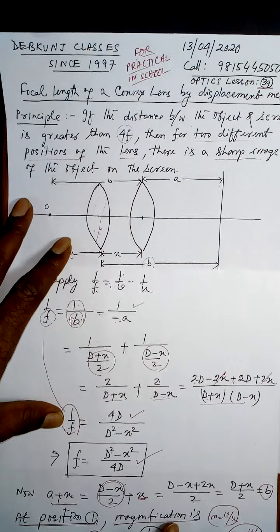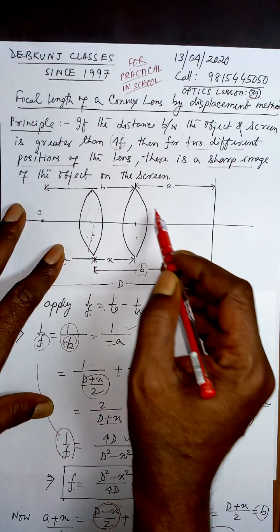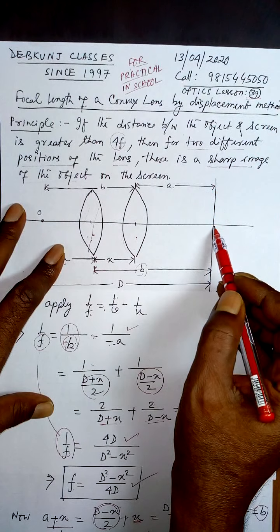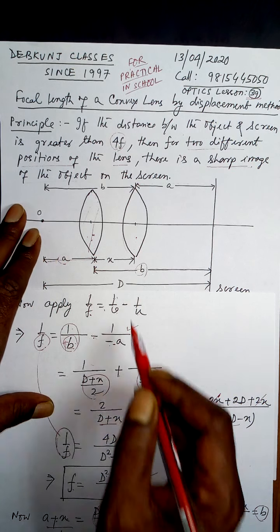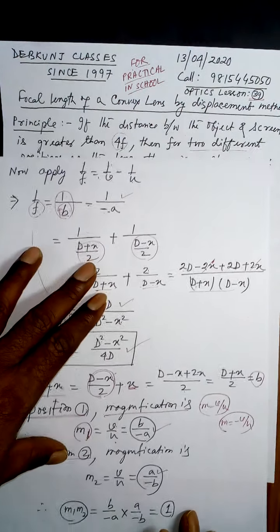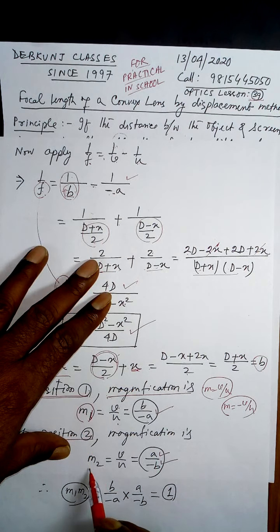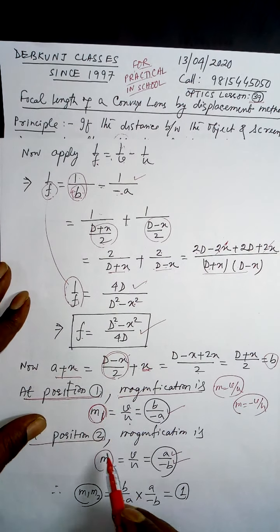At position 2, that is at this position, the image distance is a in the direction of light, and your object distance is this, that is minus b. So this is the magnification at the second position, and this is the magnification at the first position.